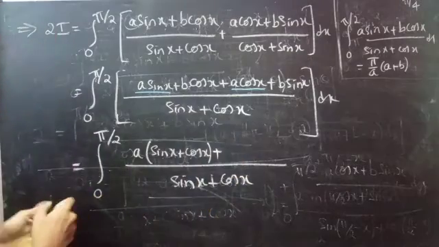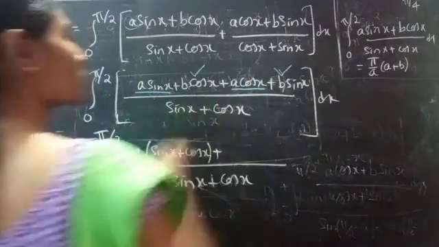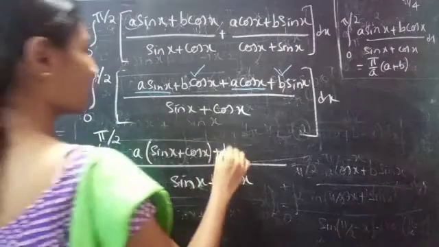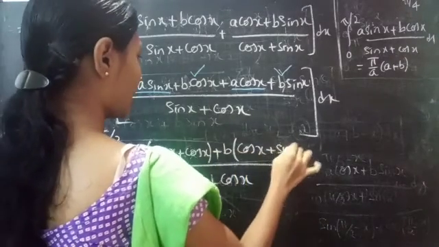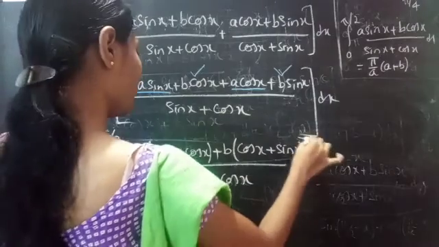Again, if you consider these two terms, you can take b common, giving b into cos x plus sin x.